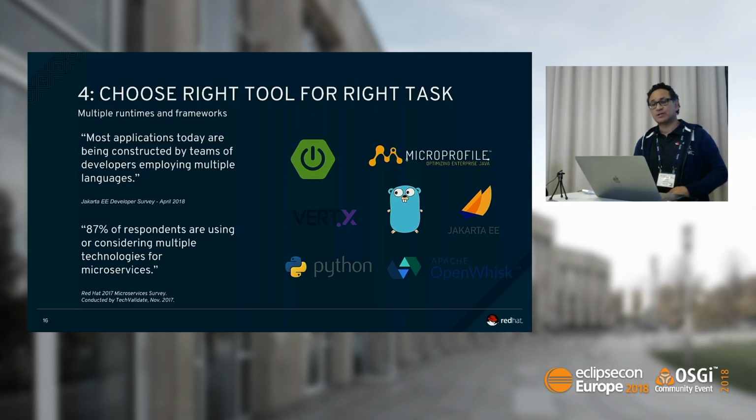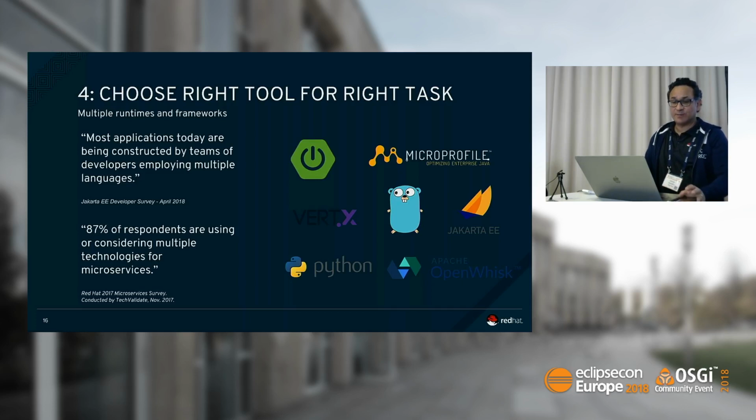Number 4 is choose the right tool for the right task. So I would like to show you there are 2 interesting points right here, and I don't know if you can read all the way in the back, but there were 2 surveys done. One was done at the beginning of this year in April, by the Eclipse Foundation, by the way.